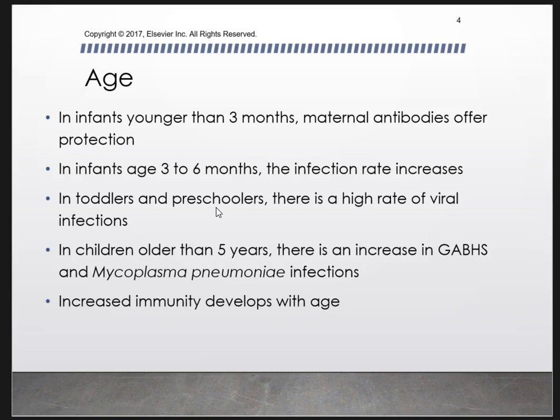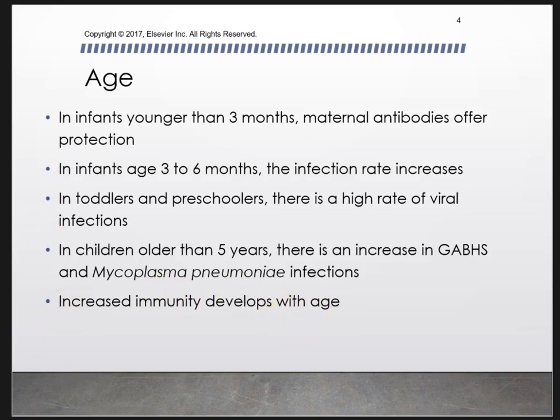And our kiddos older than 5, we're going to see a big jump in our strep throat infections and in your M. pneumoniae infections. And obviously then, if immunity is rough after 3 to 6 months when they're developing it, we're going to see that increase with age.